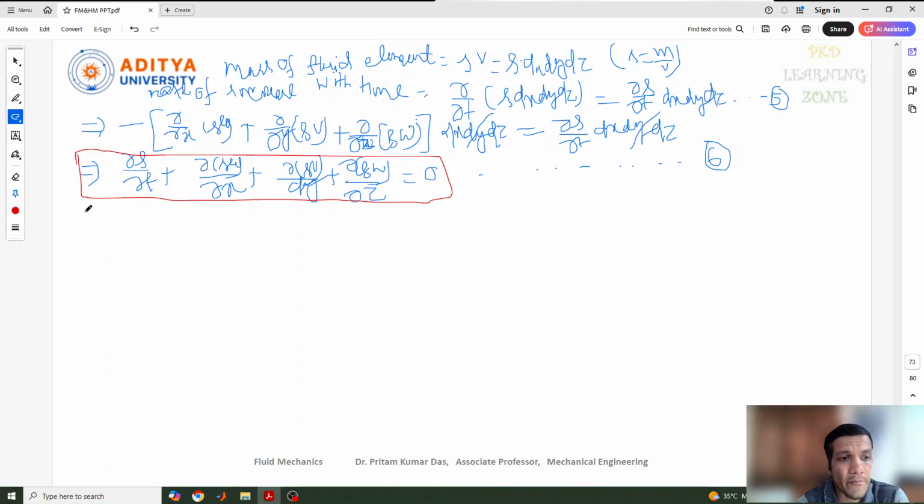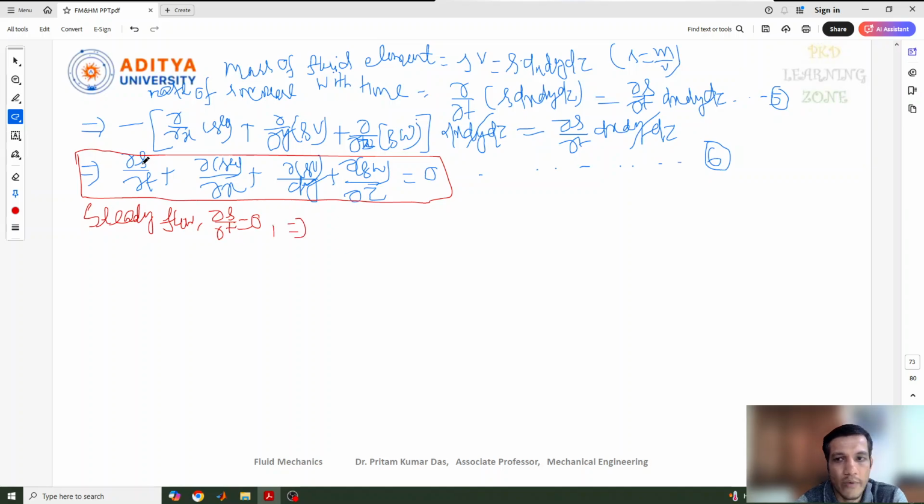Let's consider the fluid is flowing as steady flow. In steady flow, we have seen previously that del rho by del t will be 0. If this is the condition, then for steady flow we can write the equation.